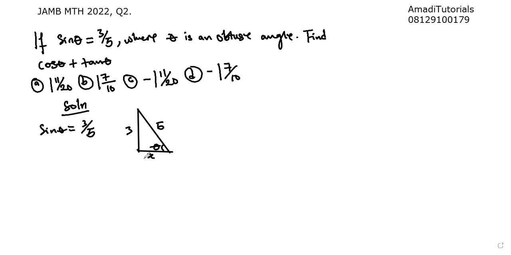Let's call it x. So using Pythagoras theorem, the square of the longest side, the hypotenuse, will be equal to what? The square of the adjacent side plus the square of the opposite side, which is 3 squared.